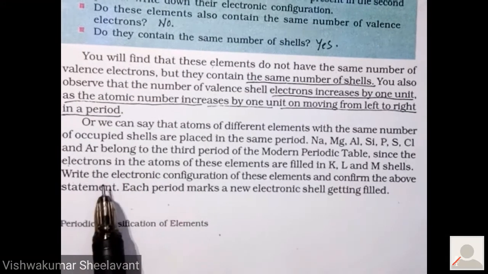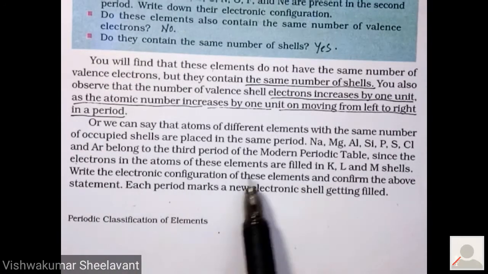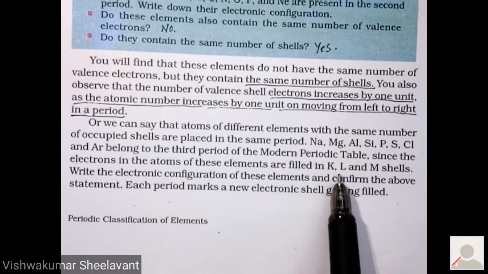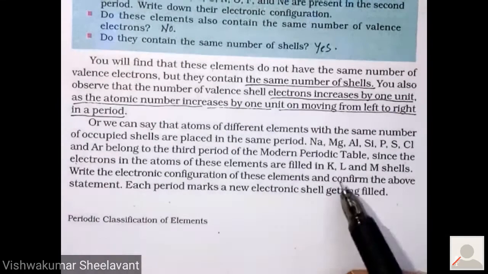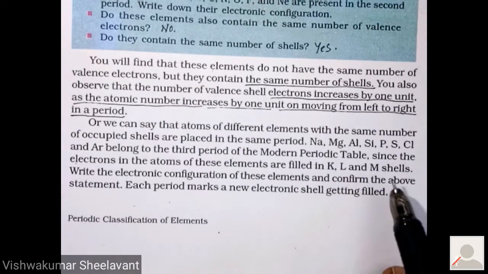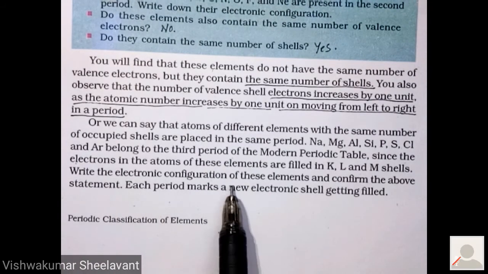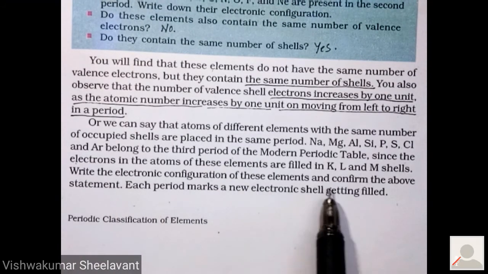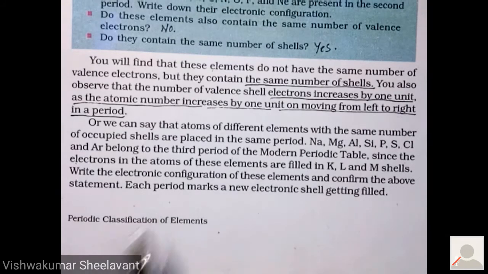Since the electrons in the atoms of these elements are filled in K, L and M shells. 3 orbits means which shells? K, L and M shells. Write the electronic configuration of these elements and confirm the above statement.